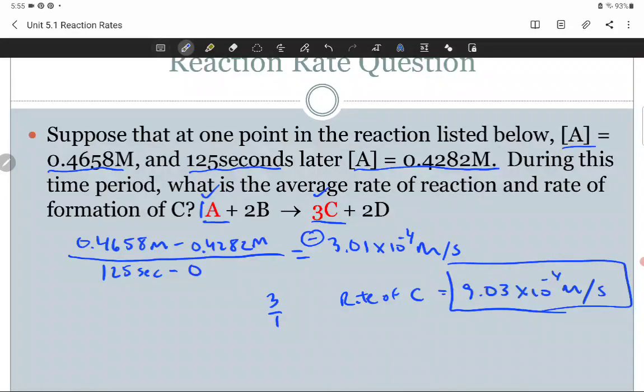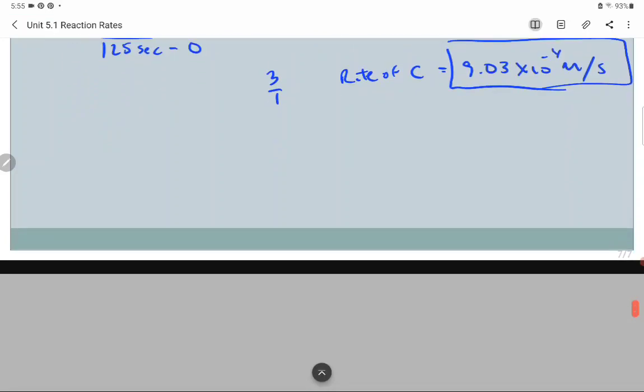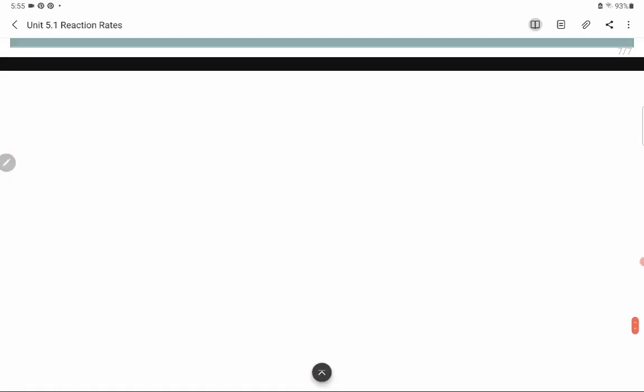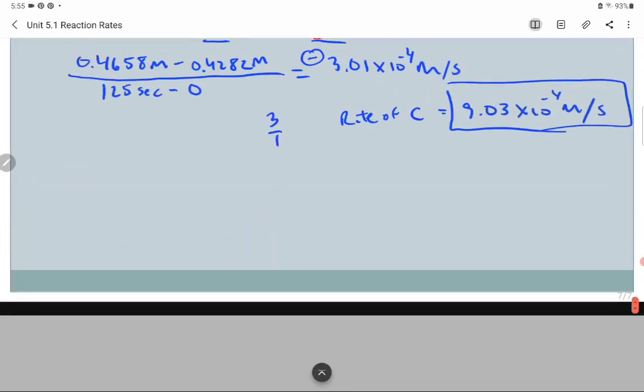And there we go. If I wanted to look at B or D, I could have done that also, but it just didn't ask us that in that question. And I think that's all we got. So that's a little introduction to kinetics.